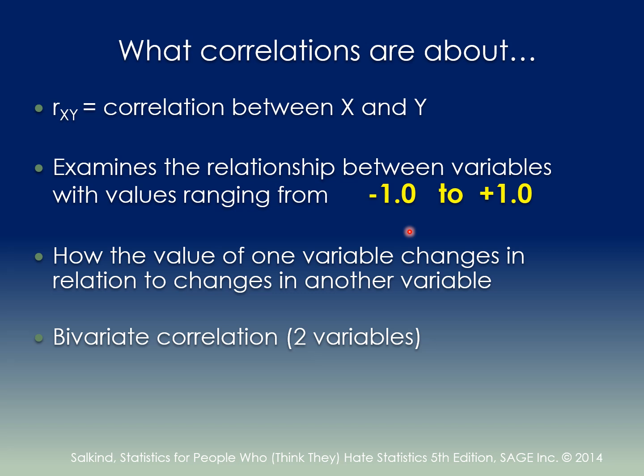The closer you are to negative 1.0, that tells me how strong the negative association is, or how strong the indirect relationship is between those two variables. On the flip side, on the positive end of things, or the direct relationship, the R value is going to vary between 0 and plus 1.0. Again, the stronger the positive relationship, the closer that R value is going to be to the value of 1.